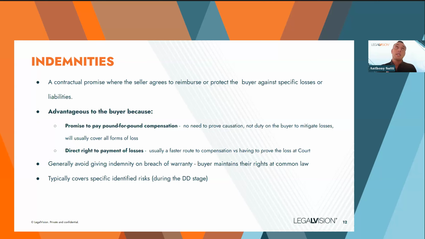Typically, the indemnities that are acceptable within sale agreements are for very specific issues that the buyer may have come across during the due diligence stage that they are asking of you. So, for example, it could be the case that you have an ongoing claim against a supplier, let's say, that will continue on with the business, and it hasn't been resolved by the time of completion.